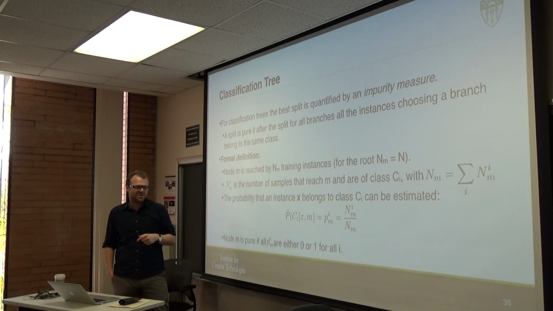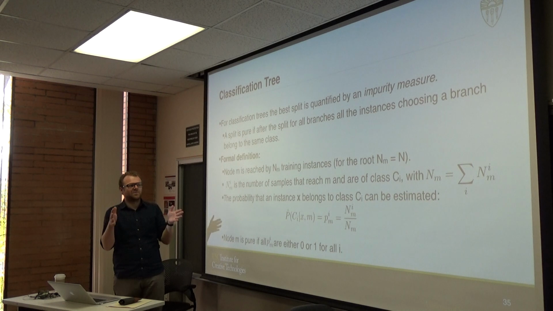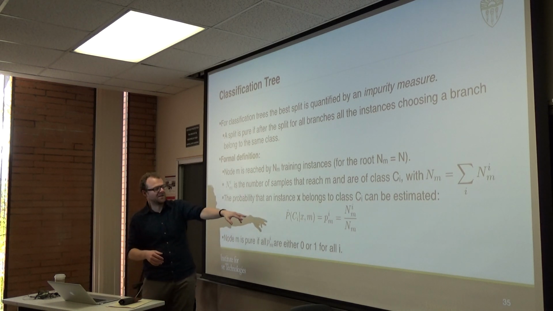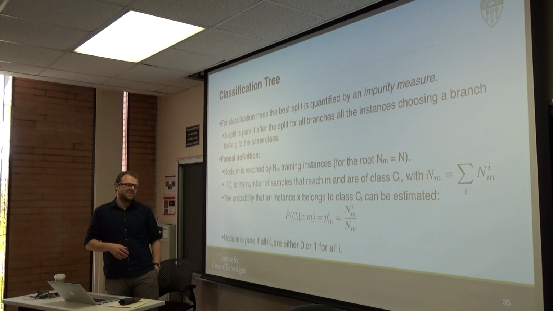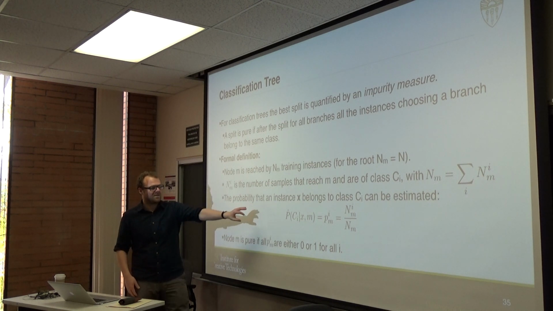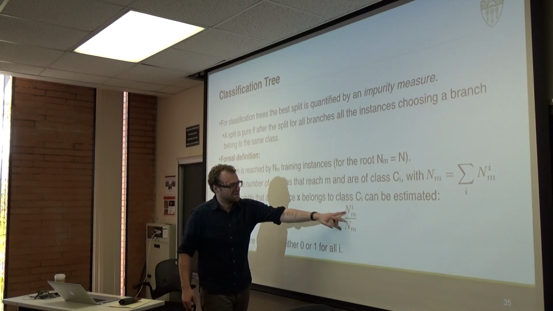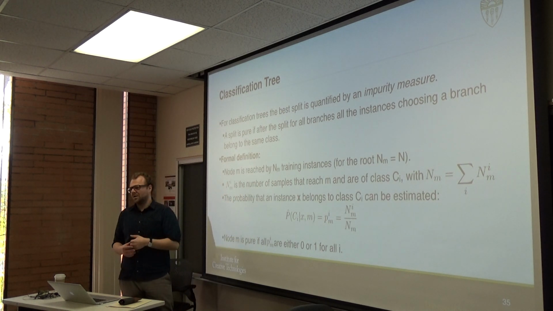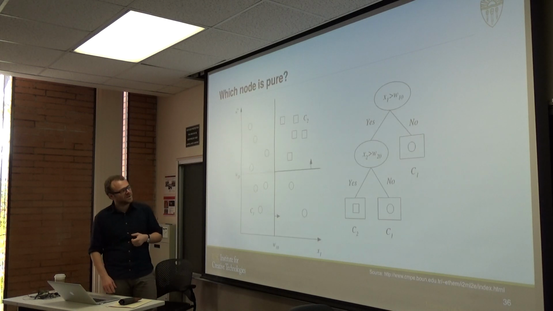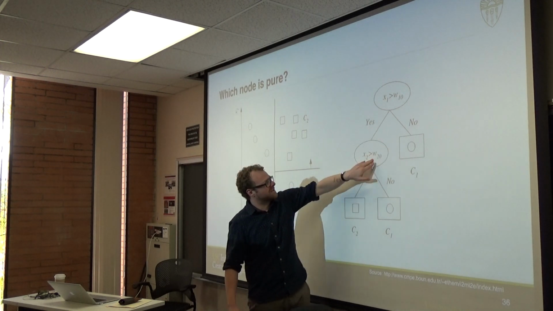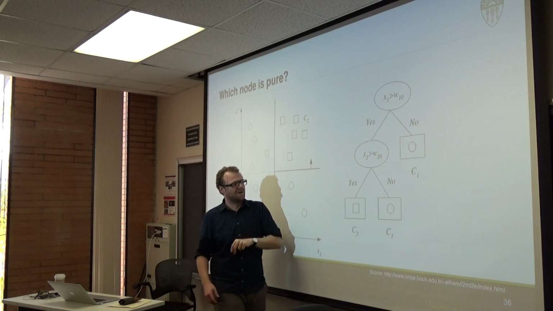These are just the number of items that we have that are of one class versus the other class, and then we calculate, for example, the probability that the items belong to one class over the other class within that node. So we want this to be, for example, 1, and for all others 0. That would be the definition of a pure node. So pure nodes here. This one's not pure. This one's not pure. These three are pure.